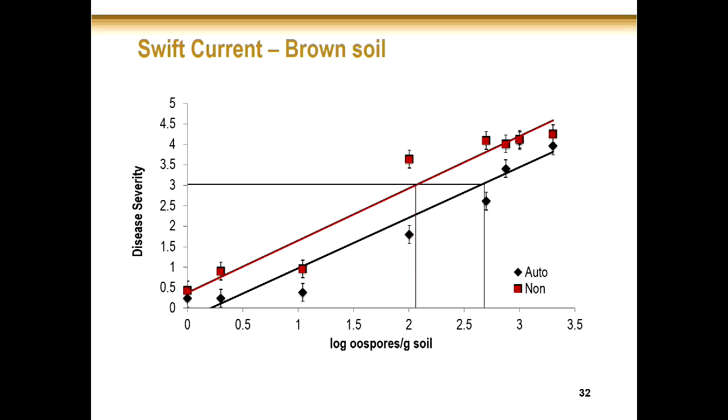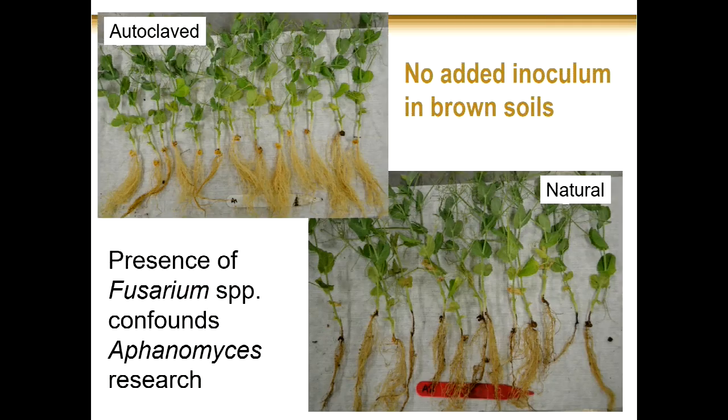But for our raw soils, where we have Fusarium also present, we only need about 100 oospores per gram of soil to cause disease. So it's really significant for the brown soil zones where we have a lot of Fusarium present. There does seem to be an interaction between Fusarium and Aphanomyces that causes more disease. And I'll show you some pictures of what's going on.